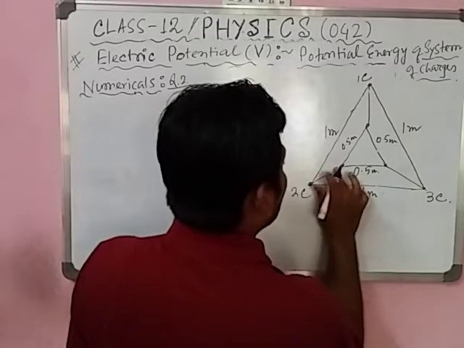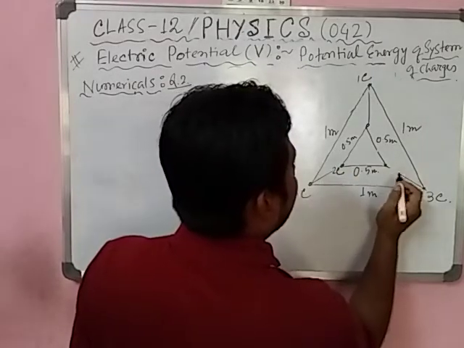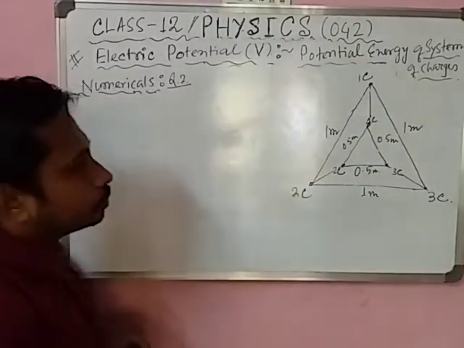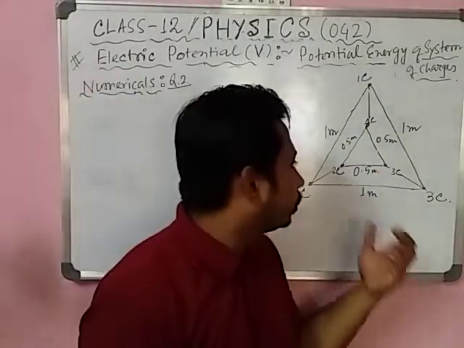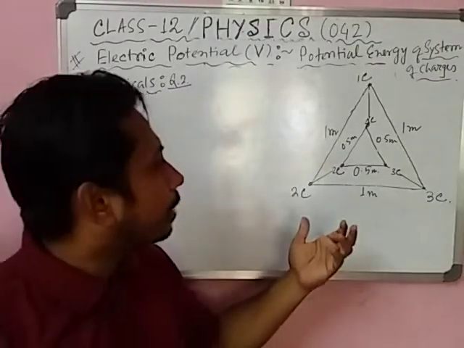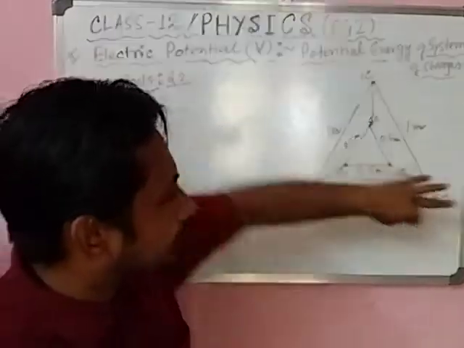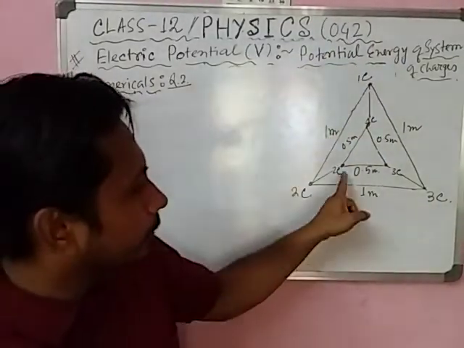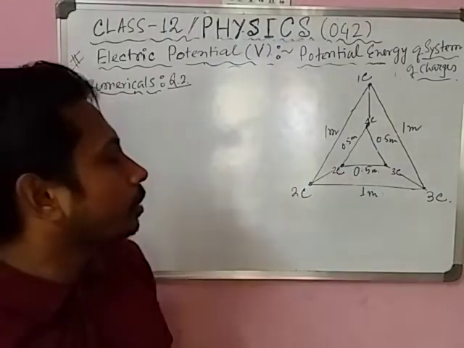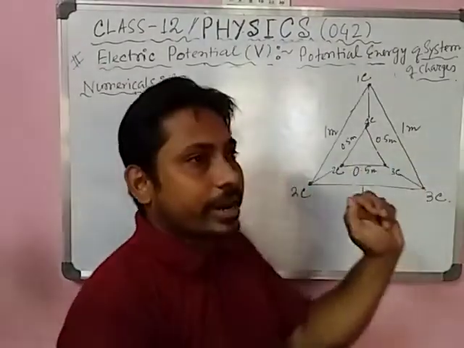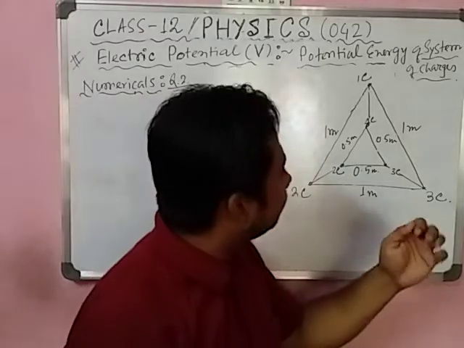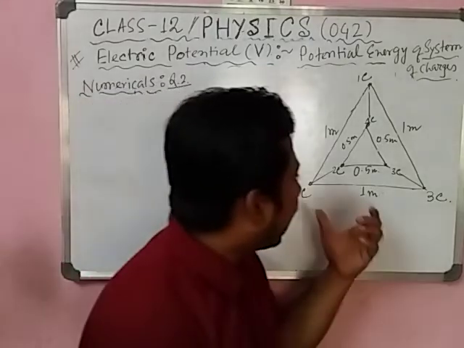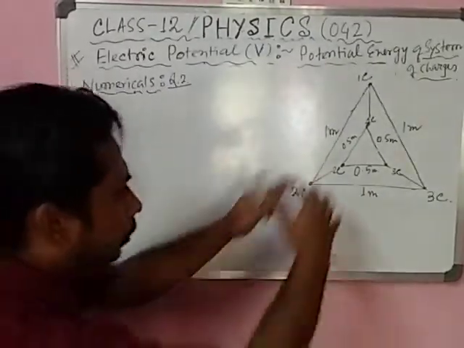So now 2C, here 3C, and here you can write 1C. So students, there are 3 charges and you have to bring 1 to here, 2 here and 3 here, to form another, smaller equilateral triangle of side 0.5 meter. Okay. So first of all student, you have to find out the loss of energy for doing this.